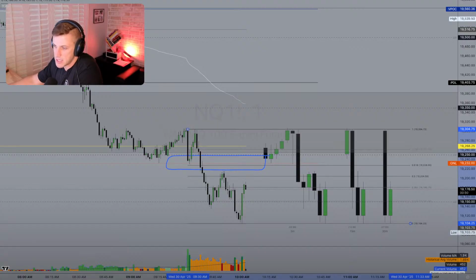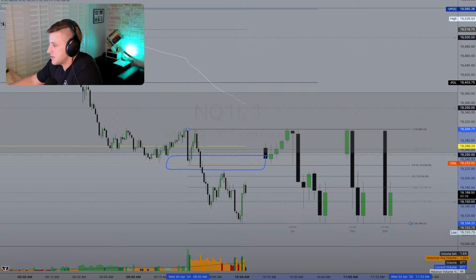Buyers are looking for an intraday change of character. Context is still a near-term range breakdown. Until 250 is reclaimed, that's the context here.